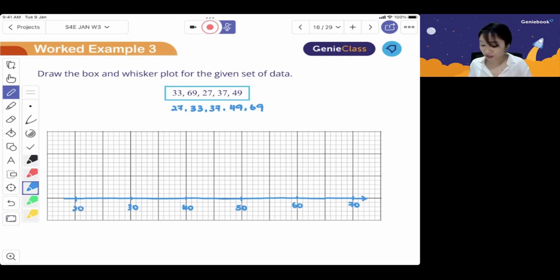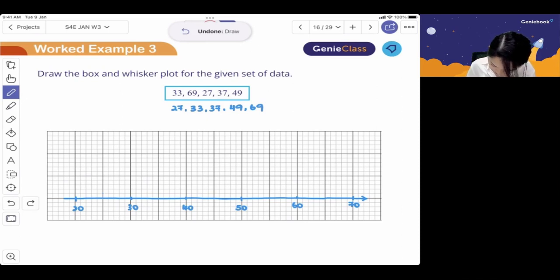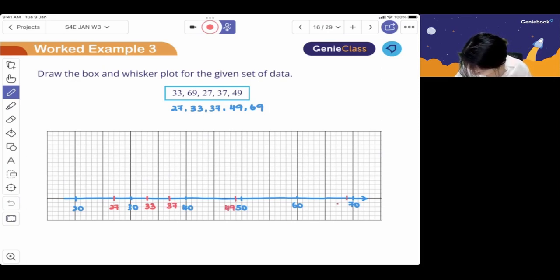Now that I have my number line, I can start plotting my values, right? So 27 will lie, I'll do it in blue. So 27, 25 is here, so 26, 27. Should I label 27 in red? Will that be clearer for you guys? Okay, 27, 33, 37, 49, and 69 over here.